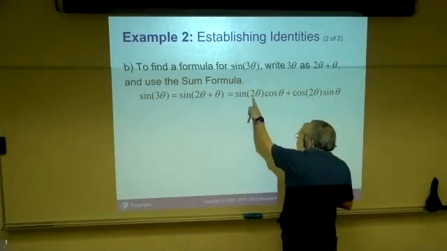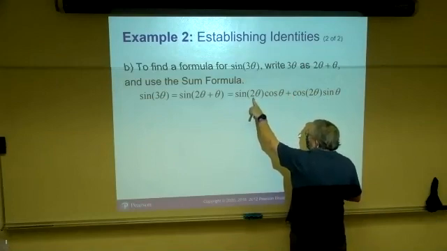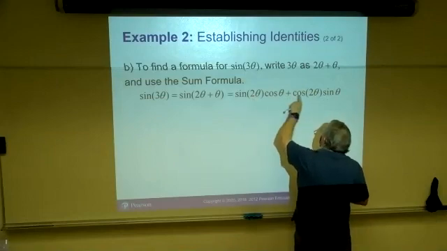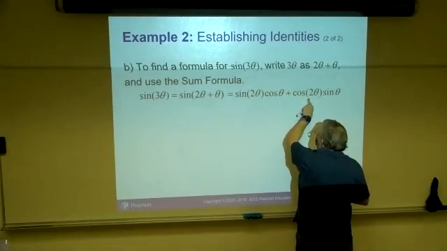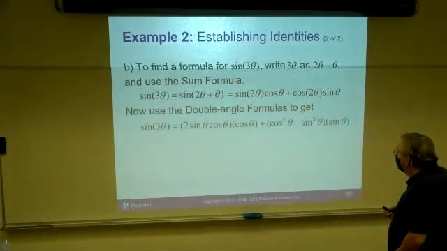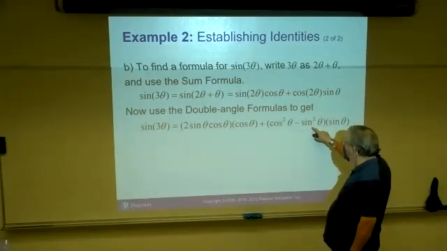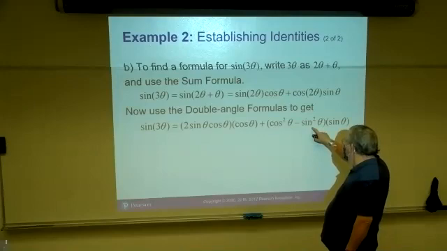Now I can write this as 2 times sine cosine. And I can write this as, well, let's see what they write it as. Use the double angle theorem. Oh, they did cosine squared minus sine squared.